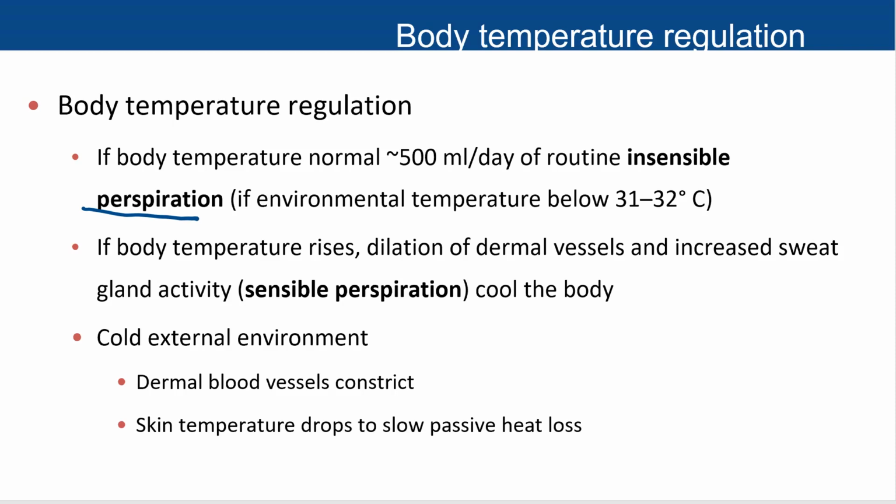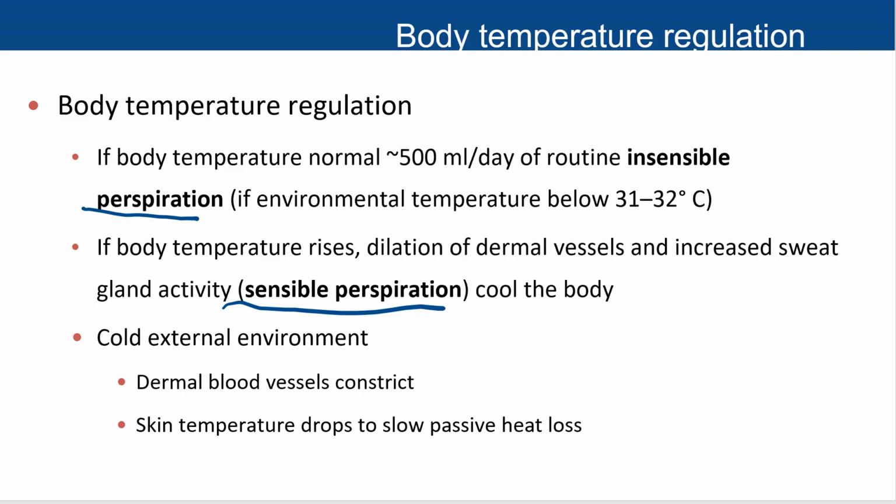Look at what's going to happen to our body when the body temperature rises. If our body temperature rises, the dermal vessels, the blood vessels found in the dermis layer of our skin, dilate. And in this way, they lose a little bit of heat. And also, our sweat glands become more activated. So in this way, we have sensible perspiration.